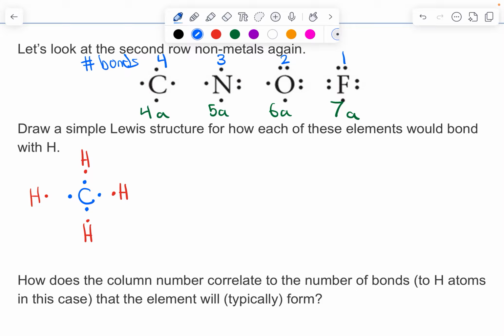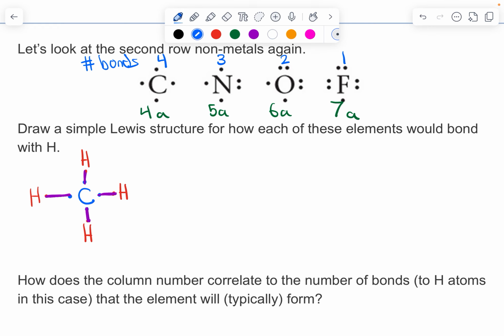Now we're going to make sure that everyone has a pair, because that's how electrons come. They come in 2s. And we're going to connect the carbon to each hydrogen. So instead of a dot, we now create a line, which is still an indicator of 2 electrons. It's just that they're now being shared between the carbon and the hydrogen.